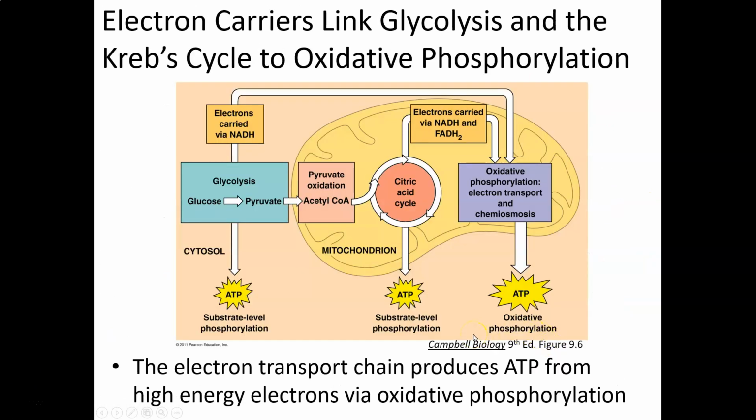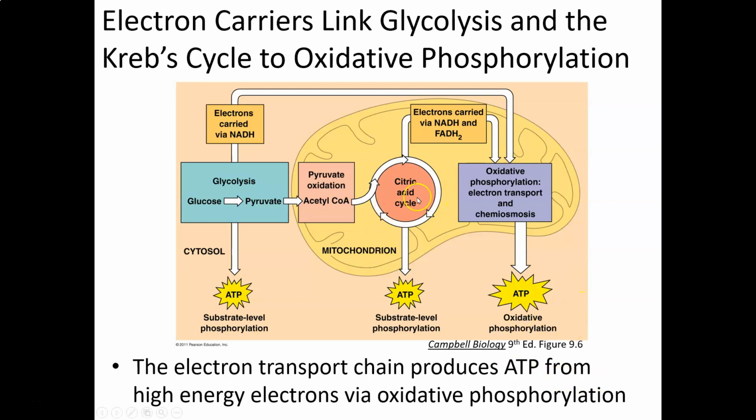So let's kind of look at the electron transport chain then. We're not going to worry too much about the electron transport chain. It's a little complicated and there's not a whole lot I want you to remember from it.